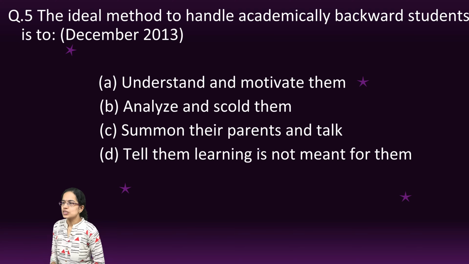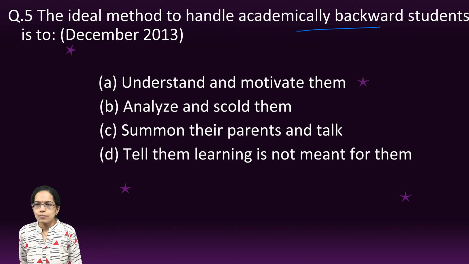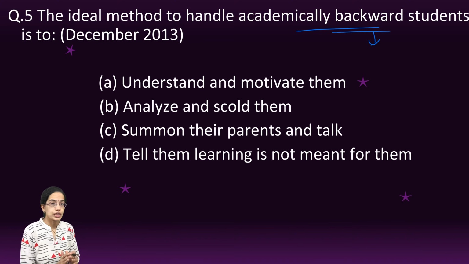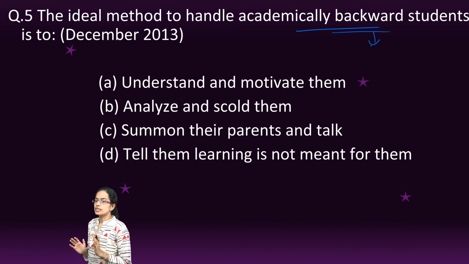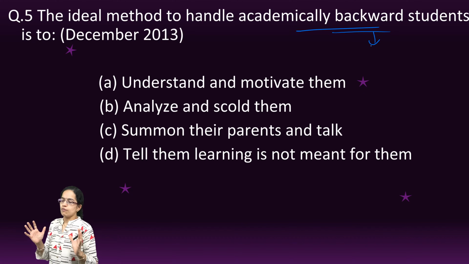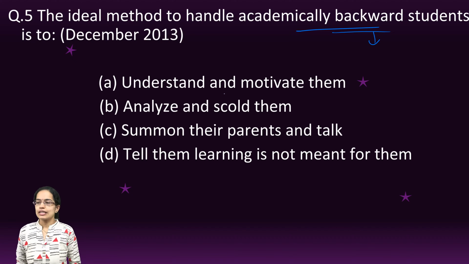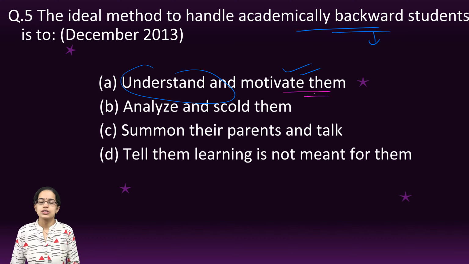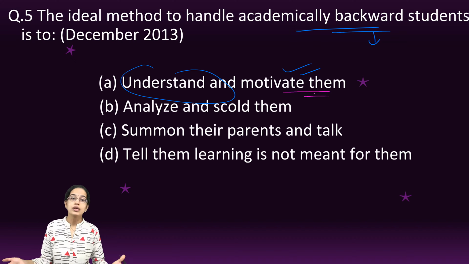The next question is, an ideal method to handle academically backward students. Now, academically backward can be due to various reasons. They could be due to lack of development of mental faculties, they could be due to various learning hindrances. So the best idea is to understand and motivate those children, and find out why those children are backward in their studies. In the rest of life they are performing well, they are normal.